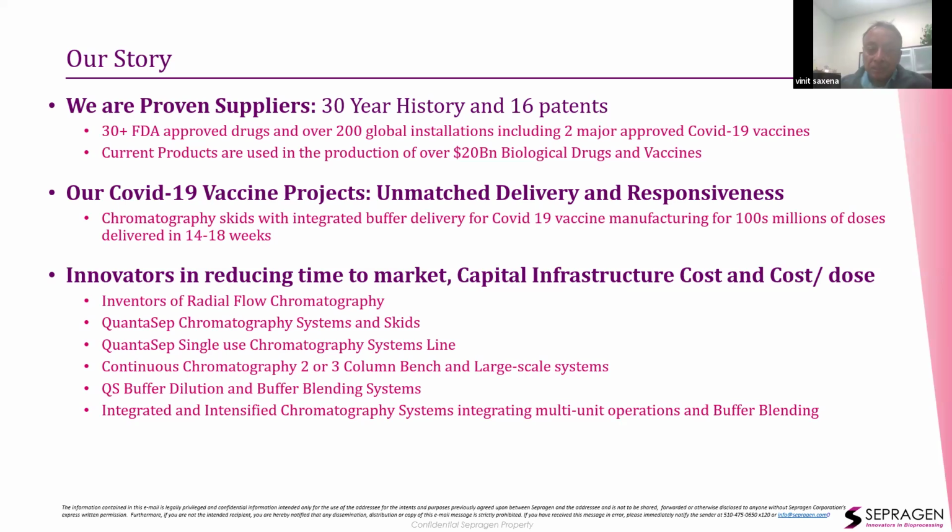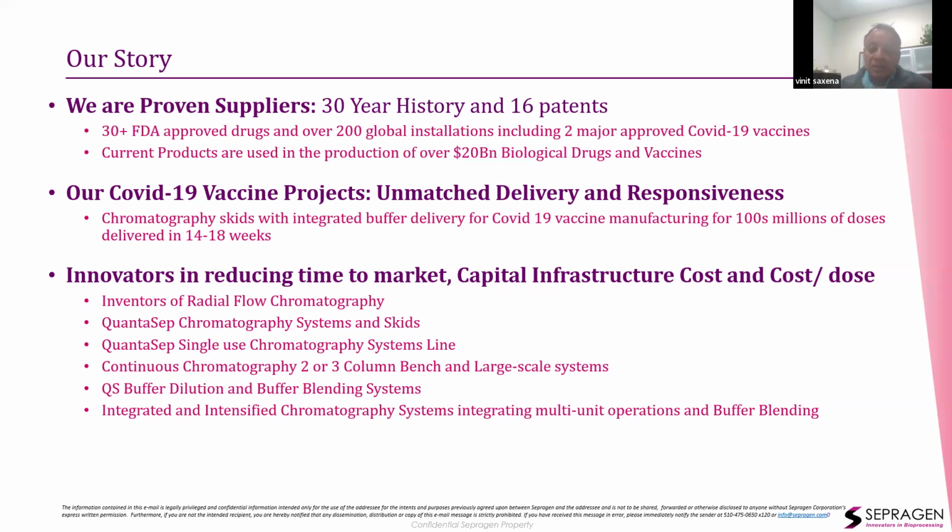We provided some very novel equipment for high throughput, large scale manufacture of COVID-19 vaccines, at a very important time in our history during the Delta wave, and we delivered these in 14 to 18 weeks, okay?